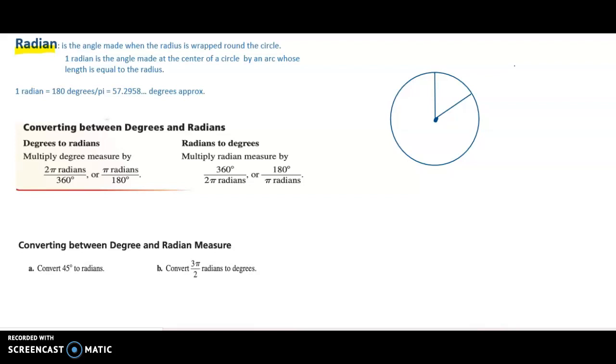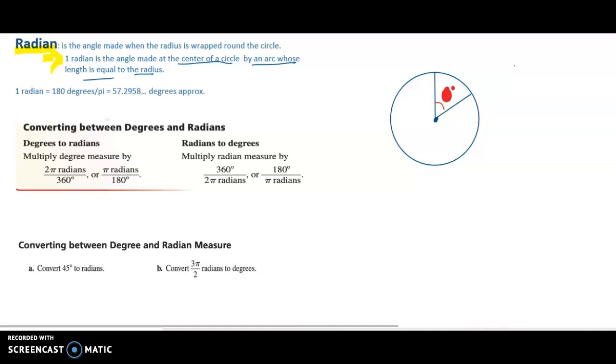To explain it a little bit more, this is what we have. 1 radian is the angle made at the center of a circle by an arc whose length is equal to the radius. That means this is the angle. Let's say this is theta.